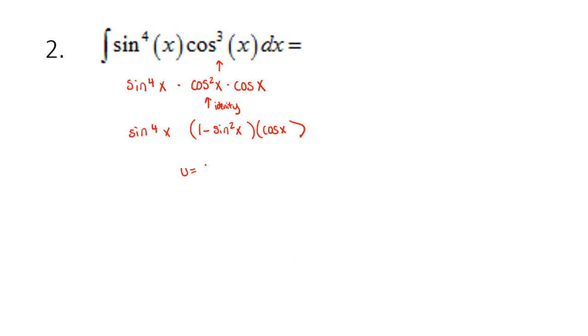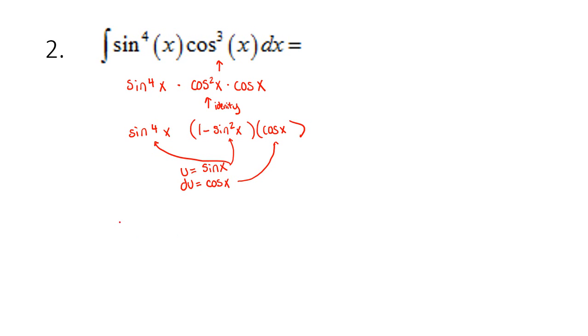Our u is going to be sine. Our du is going to be something that's already in the problem, the derivative of sine. The derivative of sine is cosine, which is already in the problem, which is what we want, which would make this a u and this a u.